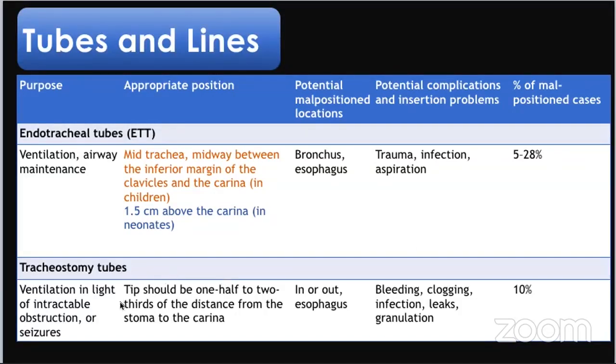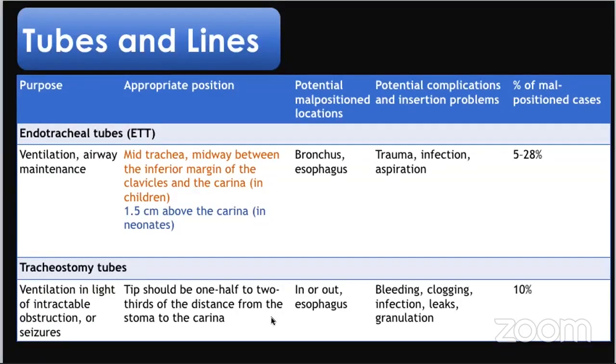The second tube is the tracheostomy tube. It's used for ventilation. The appropriate position of the tracheostomy tube is like the endotracheal tube.